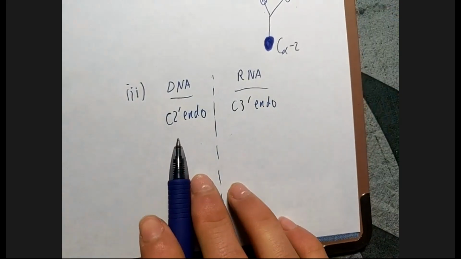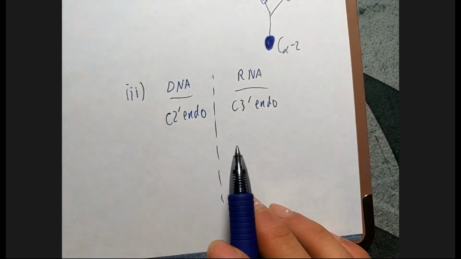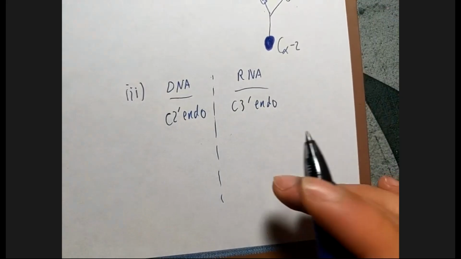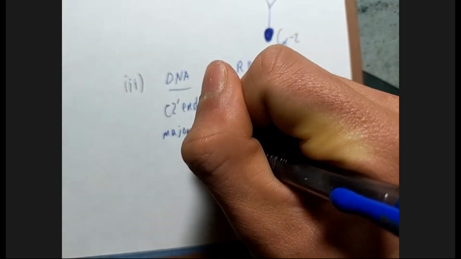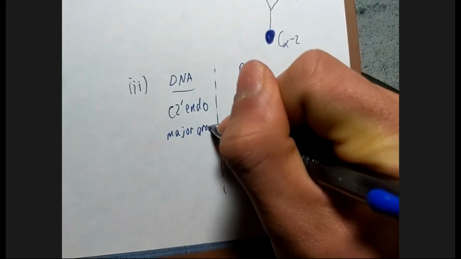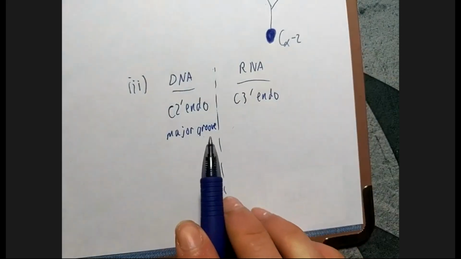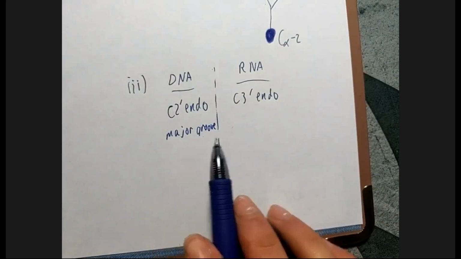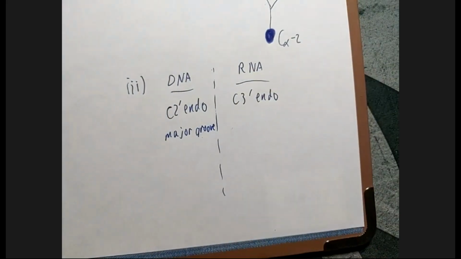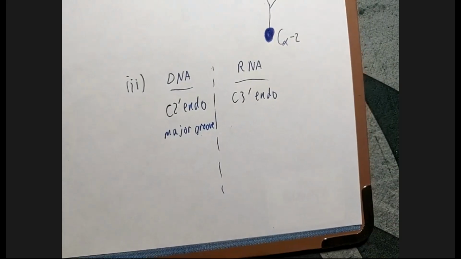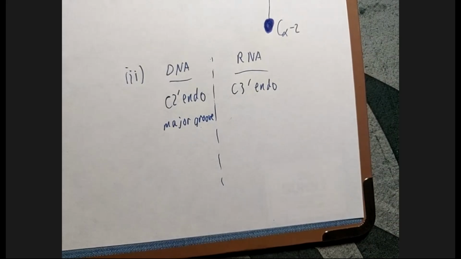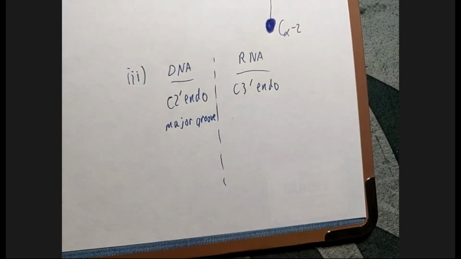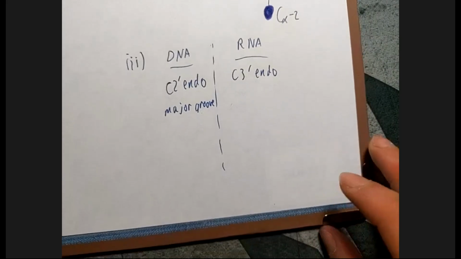And from questions 1 and 2, you should remember what these sugar puckers change for the major groove width. And you should know whether the major groove is larger or smaller for RNA. And from that, you should be able to answer the question, since an alpha helix can access the major groove of the DNA because it is relatively large compared to the minor groove.